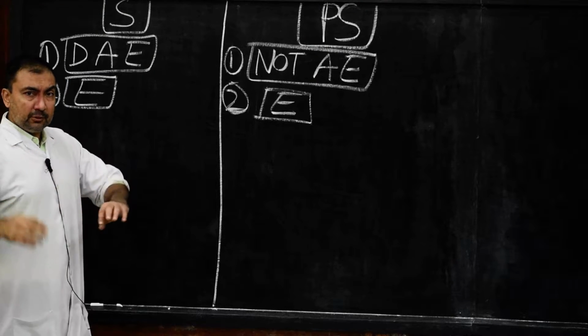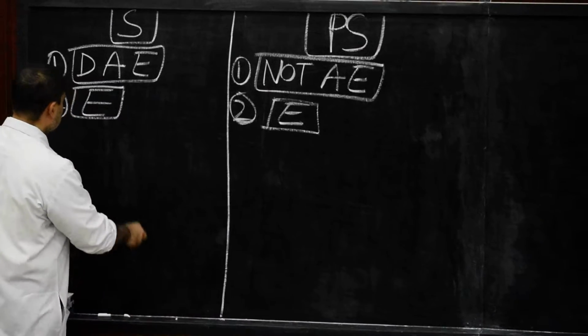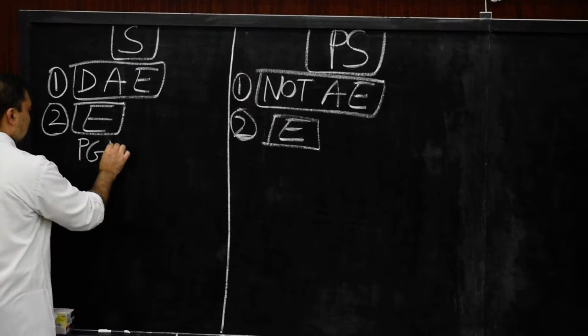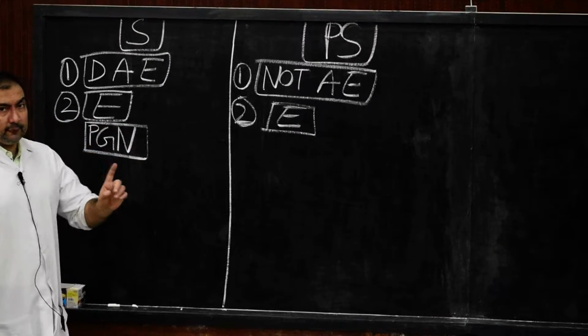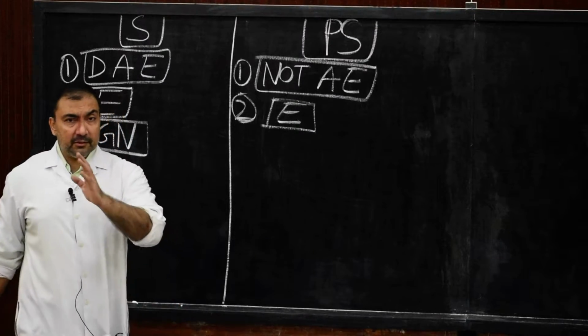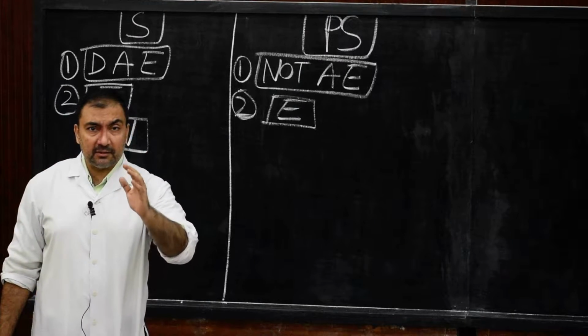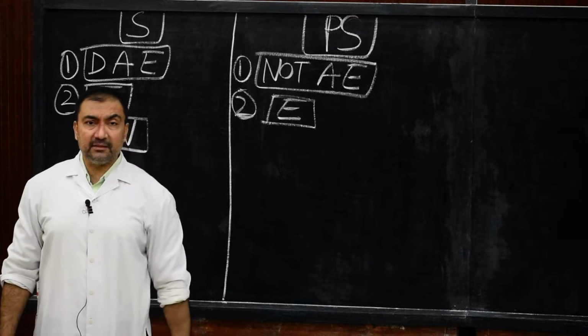Now in efferents of sympathetic system, there will be preganglionic neurons. This is very important. This is the starting point of the efferent pathway. These preganglionic neurons are those neurons from where the efferent pathway for sympathetic system will start.